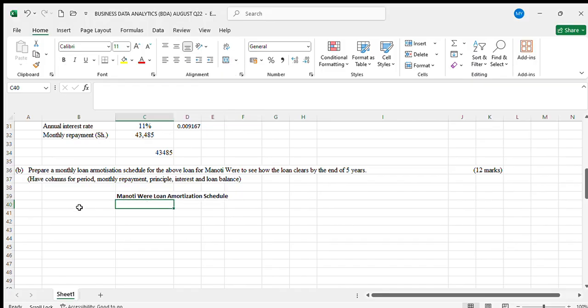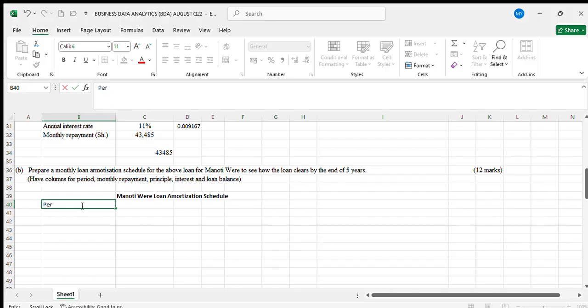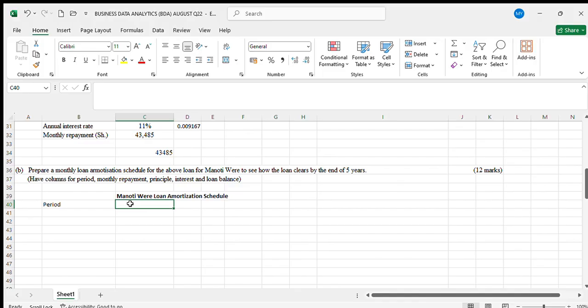That's good. And then now we have a column for period. Now the period we know it's 60 months. Then the monthly repayment we already know, which is 43,485. We have already shown Manuti how we arrived at that.